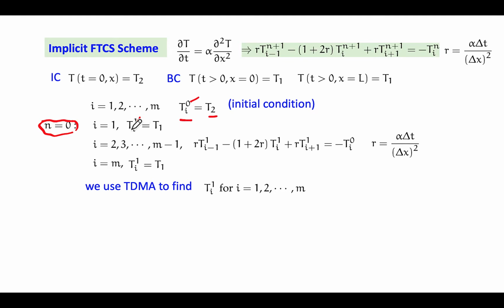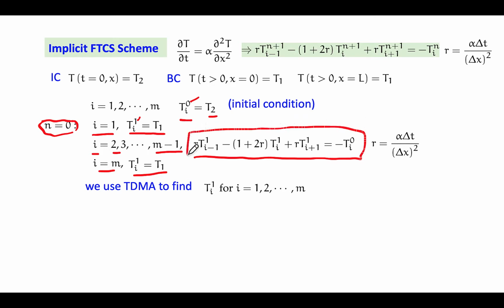And at time level 1, I know that both the boundaries will be at T1. So here at i equal to 1, i equal to m, both are at T1. And in between, i equal to 2 to m minus 1, this governing equation will be applicable.